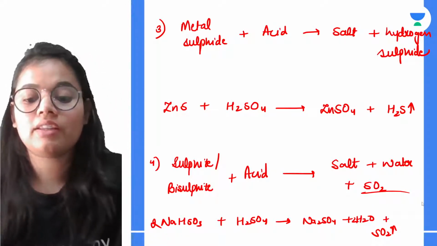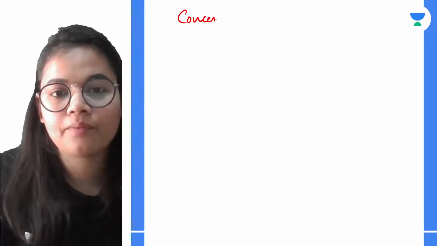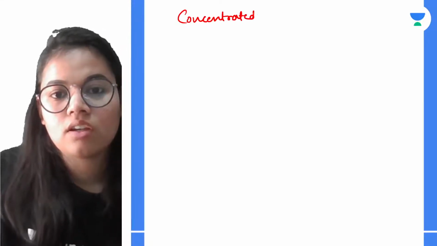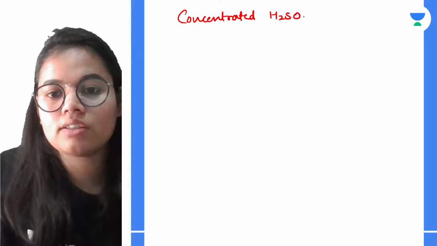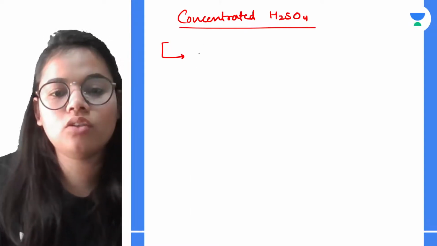All right, I hope that things are very much clear up till here. Okay, next are the properties of concentrated acid. If I talk about concentrated sulfuric acid and its properties, first of all, it is non-volatile.